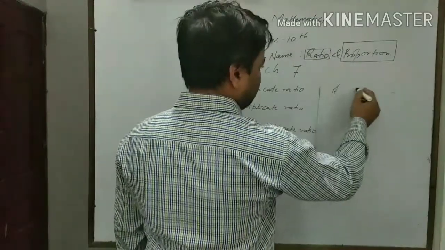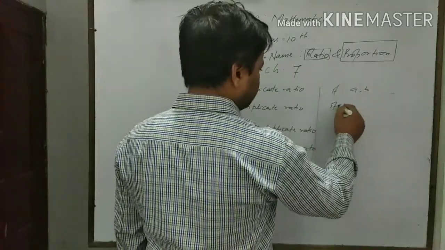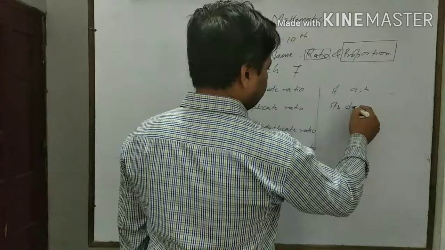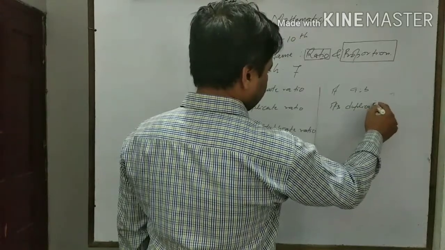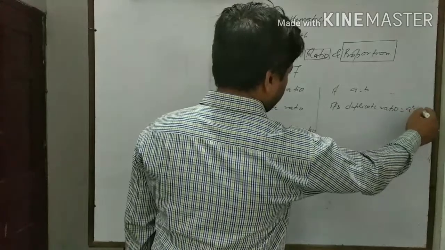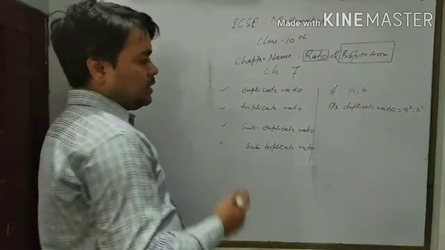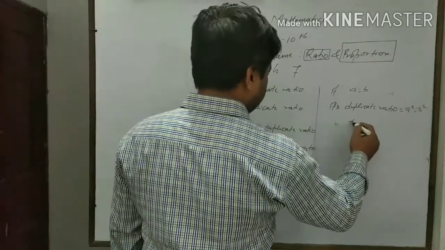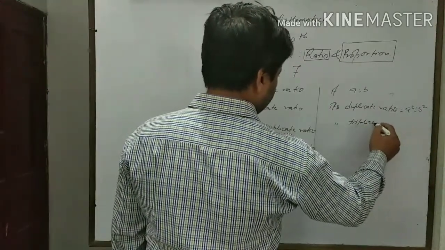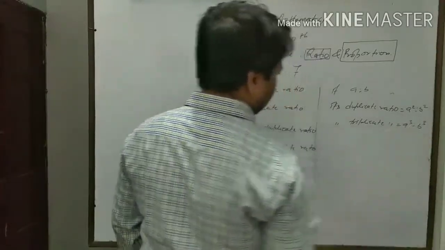If we have a ratio A is to B, then its duplicate ratio is what? A square is to B square. And its triplicate ratio is A cube is to B cube.